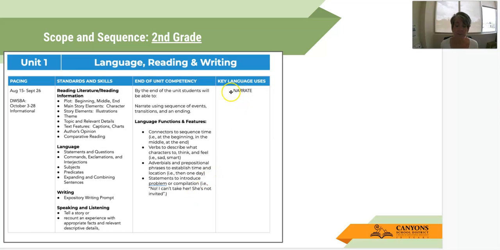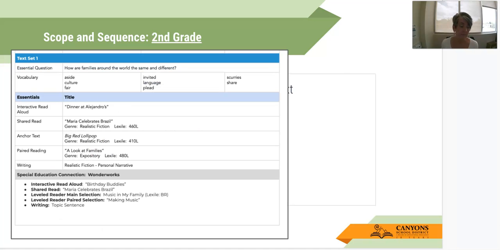The key language use for these functions and features is to be able to narrate. So here we have these 3 components talking about what's being listed for in Wonders that talks about language, reading, and writing. Here you have that in the next portion talking about text set 1 in Wonders.